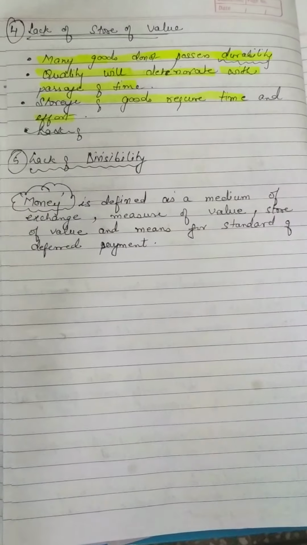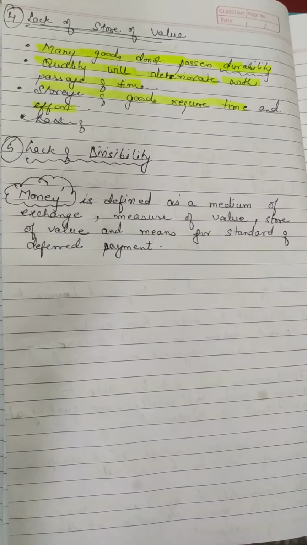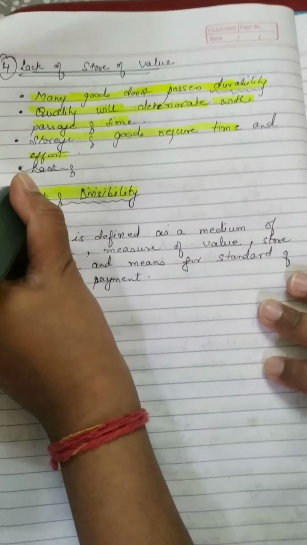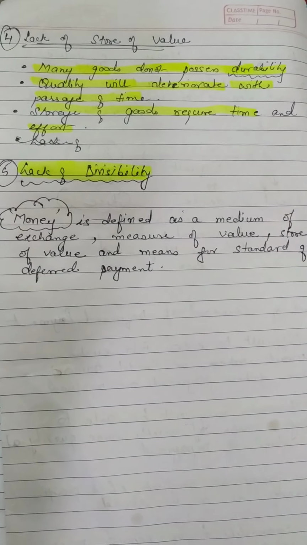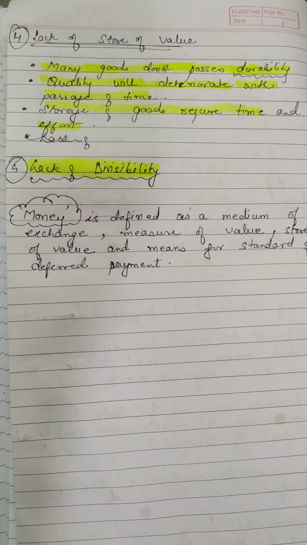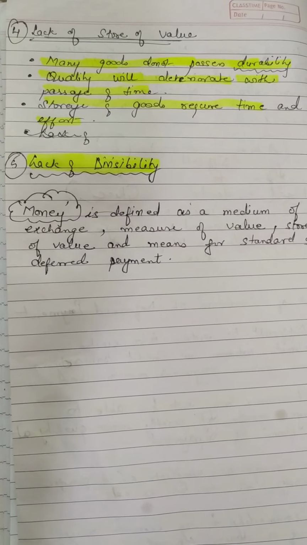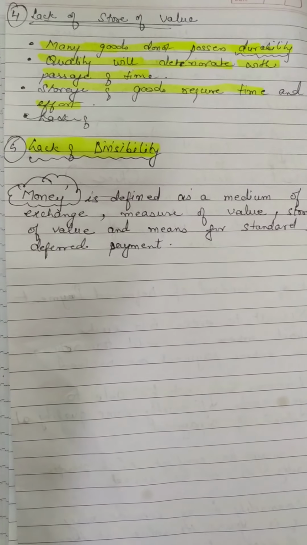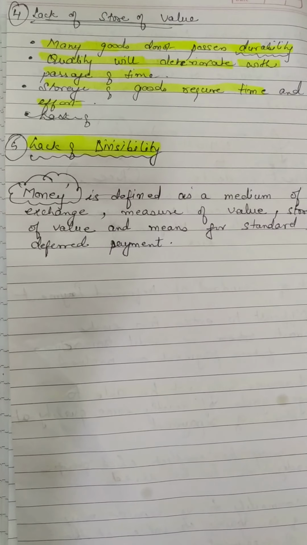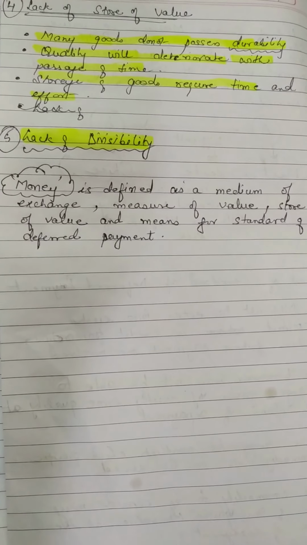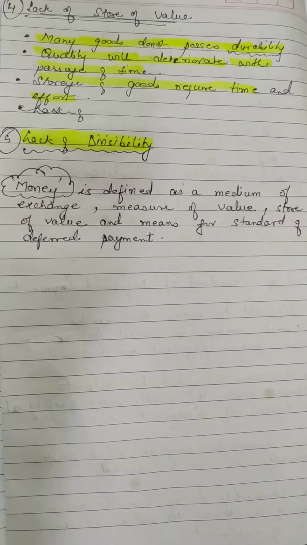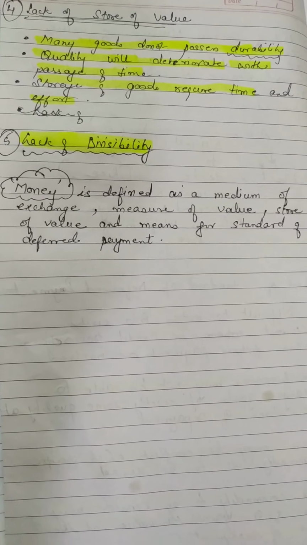Your next limitation under barter system is lack of divisibility. This I can explain with the help of an example. If the price of a horse is equal to 100 kg of wheat, then a person having 20 kg of wheat cannot exchange it for the horse, because it is not possible to divide the horse in small pieces without destroying its utility.